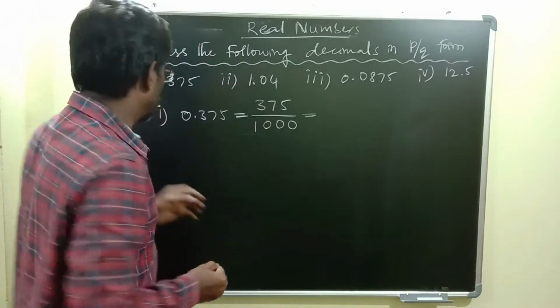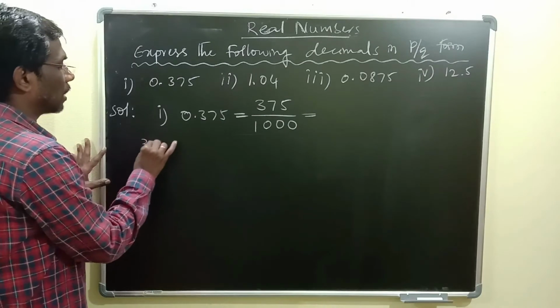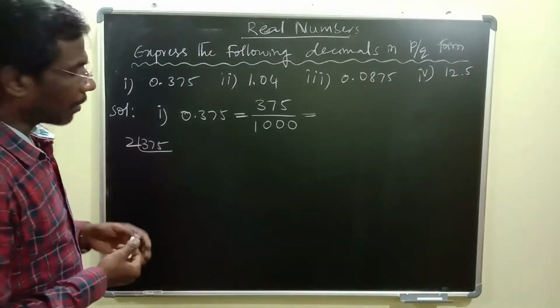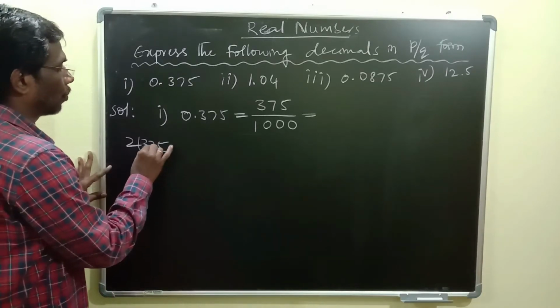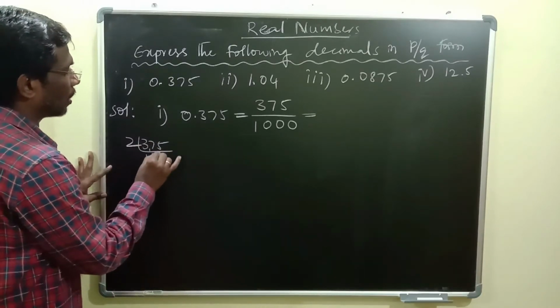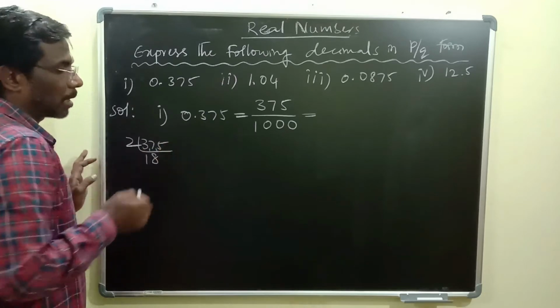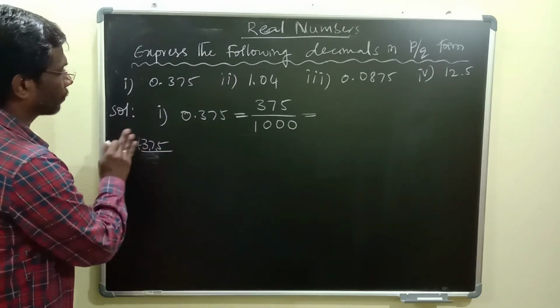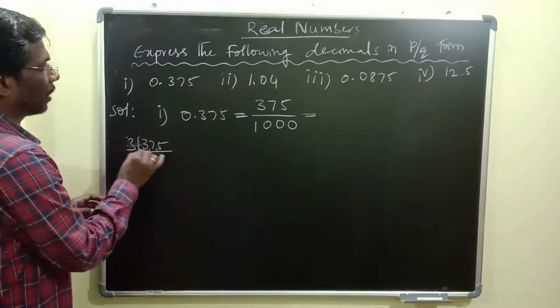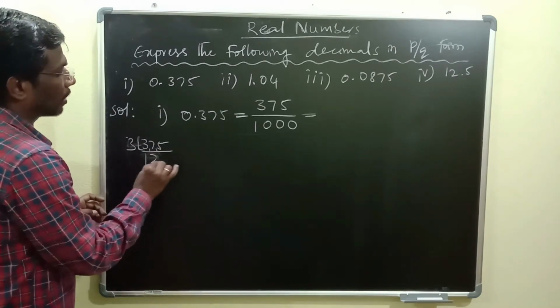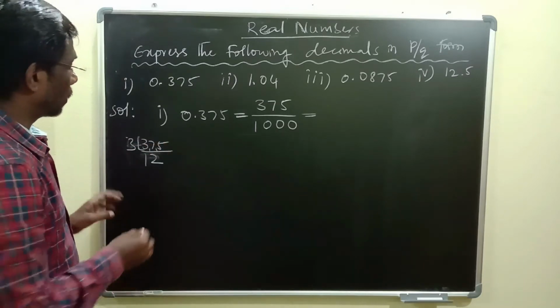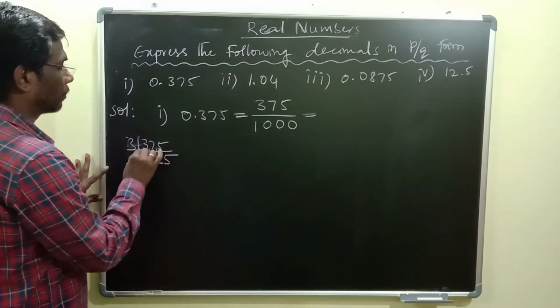And next, 375 can write as prime products. 375 what can write as a prime product? 2 ones are 2, 1 remain, 2 8s are 16, 1 remain, but in 2 table 15 will not go. So next we take 3 table. 3 ones are 3, 3 2s are 6, 1 remain, 15, 3 5s are 15.